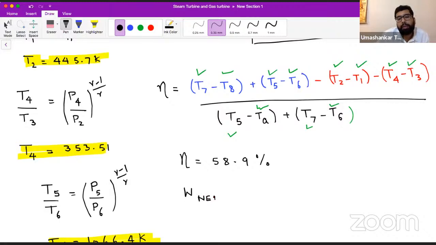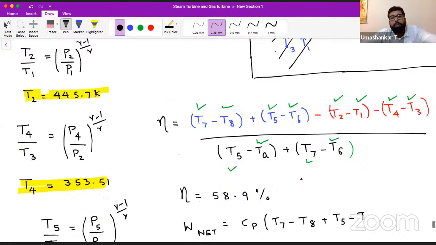Do tell the net work done. Do not get trapped thinking only turbine work is asked. So net work done is Cp times T7 minus T8 plus T5 minus T6.